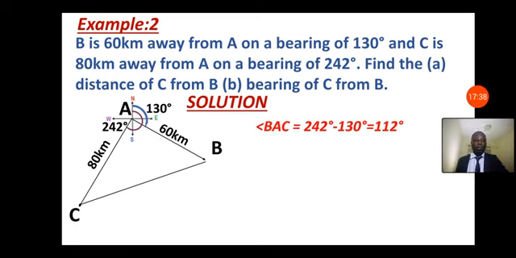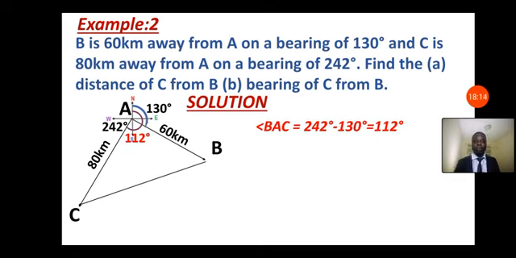My angle A, which is BAC, should now be 242 degrees minus 130 degrees. If I subtract that properly, I get 112 degrees as my angle inside the triangle at A. Looking at it very well, I have two sides and one angle, and that angle is an included angle.